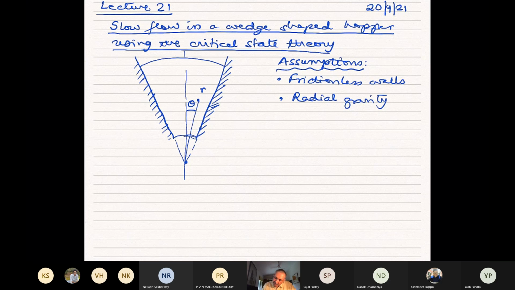That is, the gravity is always in the direction pointing towards the origin. So this is just like what we did for the Savage. And in here, what we can assume is that v theta is equal to 0, and also that there is no theta dependence. So all derivatives with respect to theta are 0.